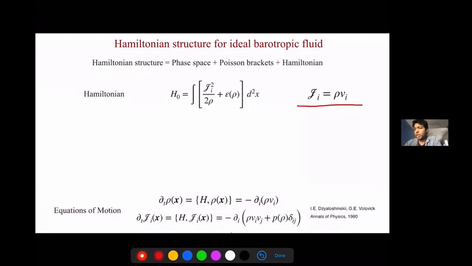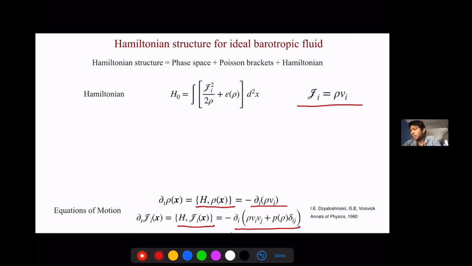I also know the equations of motion because that's where I started from. So I know the hydro equations of motion: this is just the continuity equation and the momentum conservation equation. What I don't know is what brackets I need to construct such that I start from this Hamiltonian and get these equations of motion.